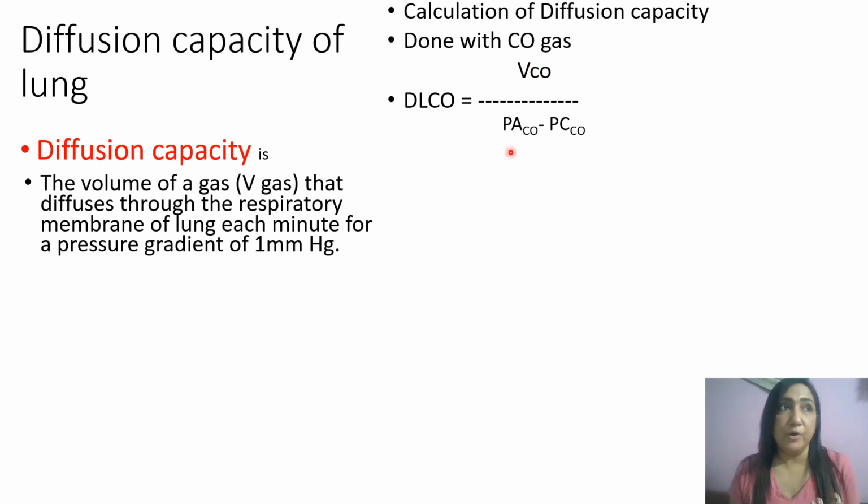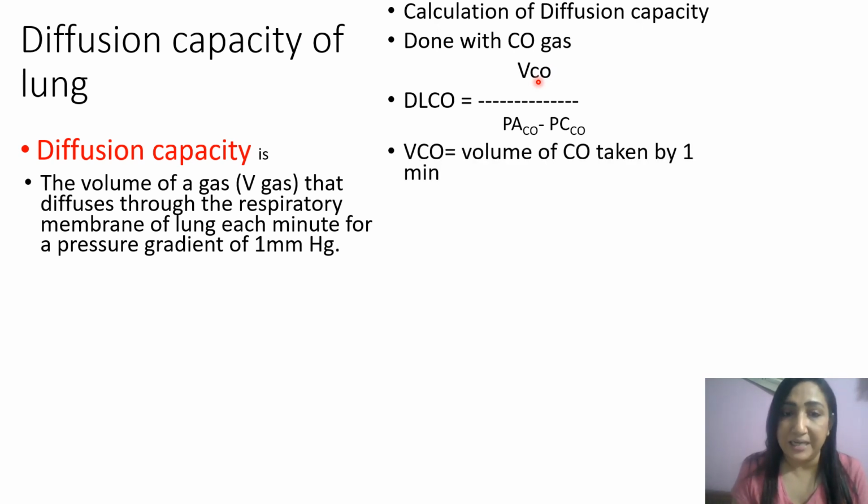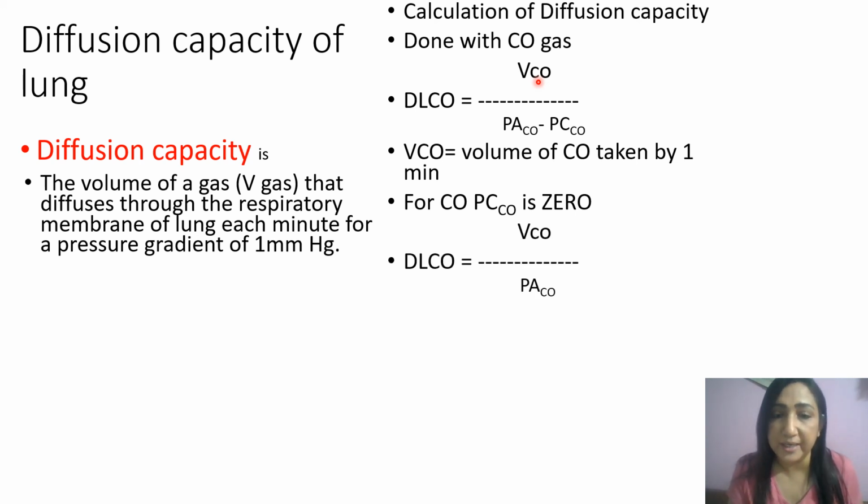How? Carbon monoxide is inhaled by the subject, the nose is clipped, and after breath holding for 10 seconds the carbon monoxide filled air is exhaled and the exhaled air is analyzed. So we can get the difference between how much carbon monoxide was there before and how much has been exhaled. That difference is the amount of carbon monoxide present after diffusion, and the volume the person has inhaled we already know. For the capillary it is almost zero, as we explained.